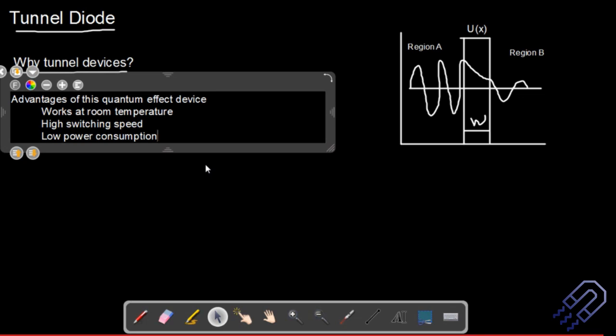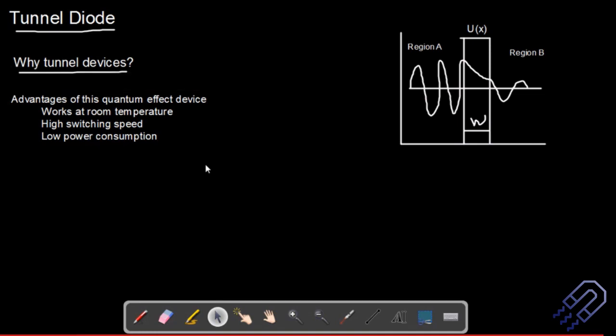That tunneling current is obtained using the same voltage, so we have an additional charge carrier. As a result, we can get the desirable amount of current even without using too much voltage. That means it has the advantage of low power consumption.